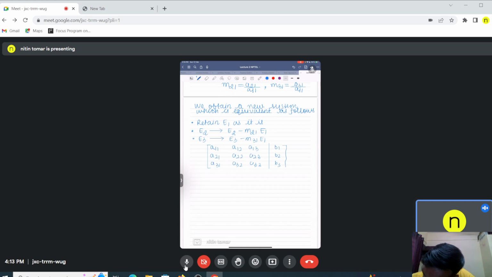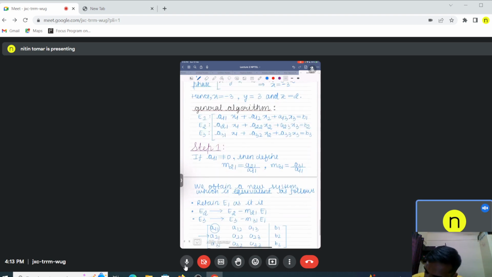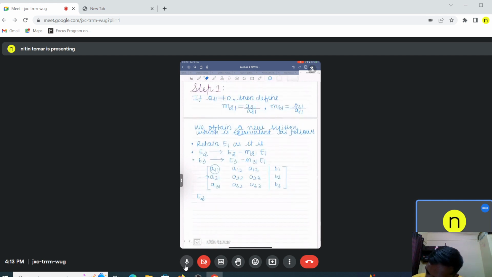Now we know that a11 is not 0, right? So how will we make this entry 0? We'll replace R2. Because we have used R1, we'll use R here only.